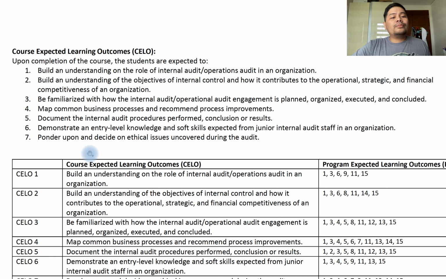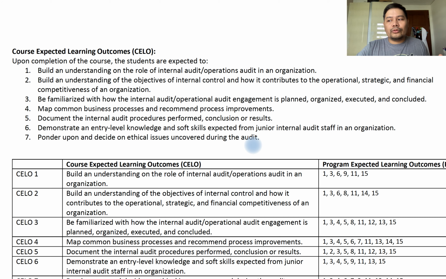And number 7, to ponder upon and decide on ethical issues uncovered during the audit. Now, aside from doing audit, of course, you'll not just be doing audit work and presenting the findings. You should also consider ethical issues if you have a finding. For example, when you do an FS audit, the subsidiary ledger is not tied up with the general ledger, so there is a gap.